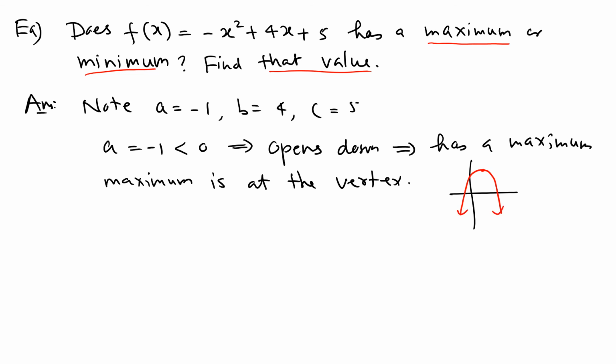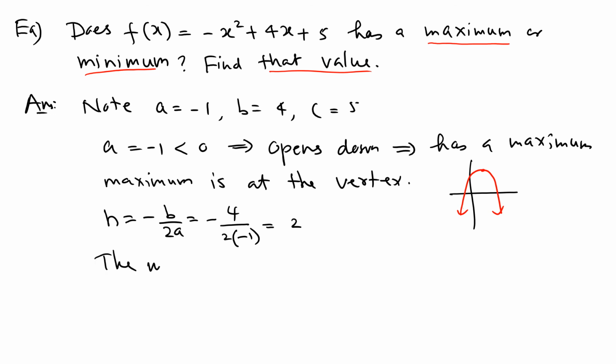What we normally do is find the h value first, which is negative b over 2a. If you plug in, you get negative 4 over 2 times negative 1. If you simplify, you get 2. That's the h value. Now the maximum is the function value at that point.